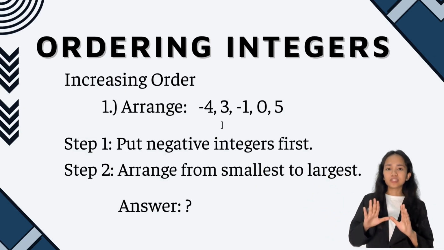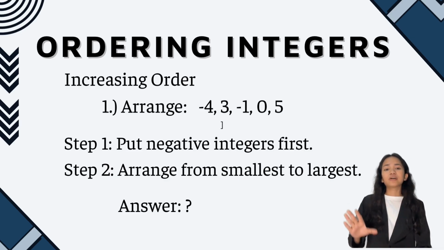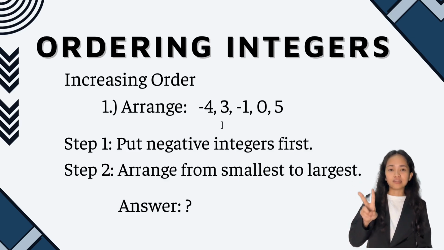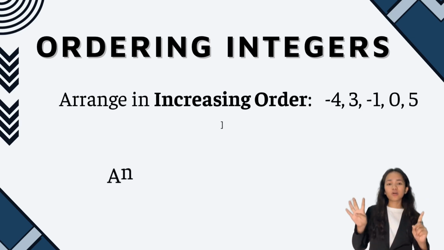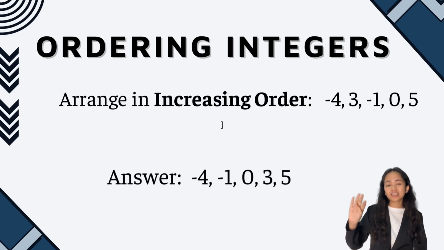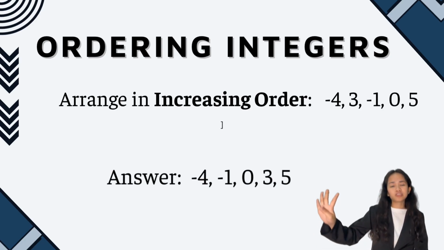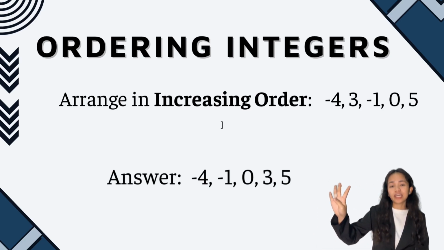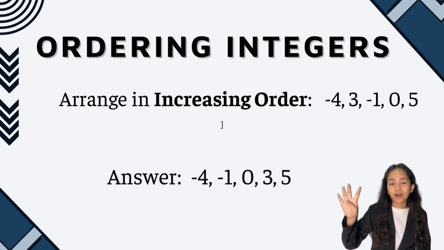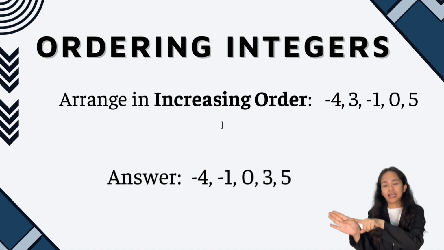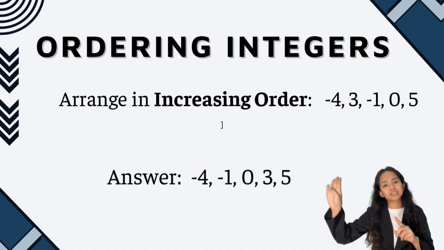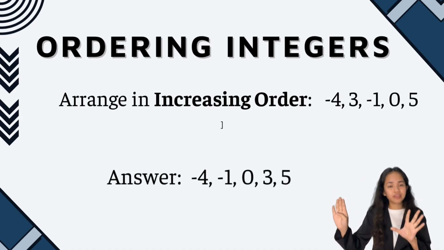Of course, the larger the negative integer is, the smaller its value. As you can see on the screen, we have two negative integers, -4 and -1. -4 is the smallest or least integer here because it has a greater value in positive, but with the negative sign it became -4, the least among the 5 integers.